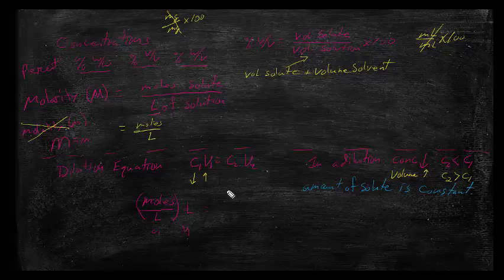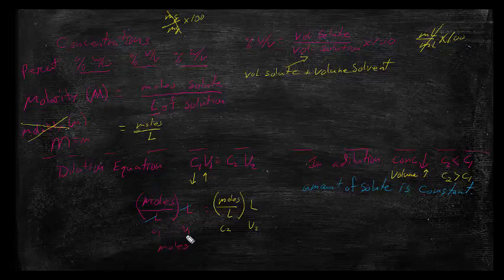C2 and V2, moles per liter, that's C2. And if I multiply that by V2, volume in liters, notice what happens if you just look at the dimensional analysis. The liters cancel, don't they? So liters cancel, and you're left with moles on the left-hand side.